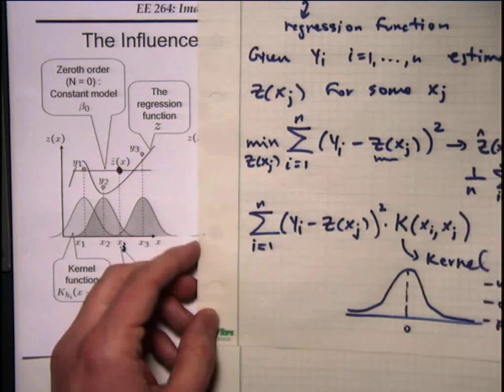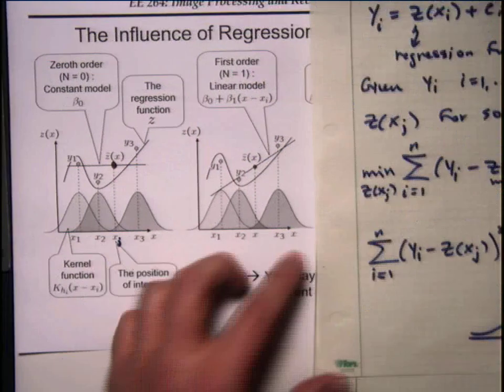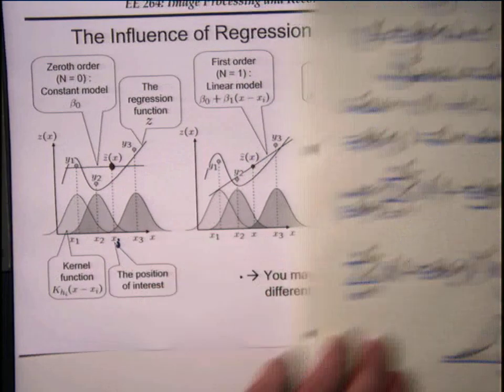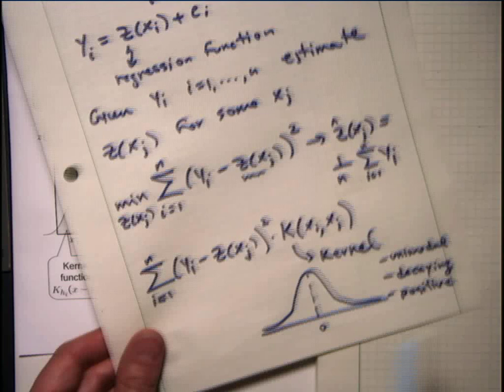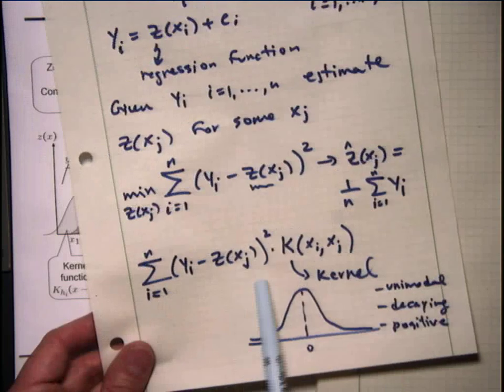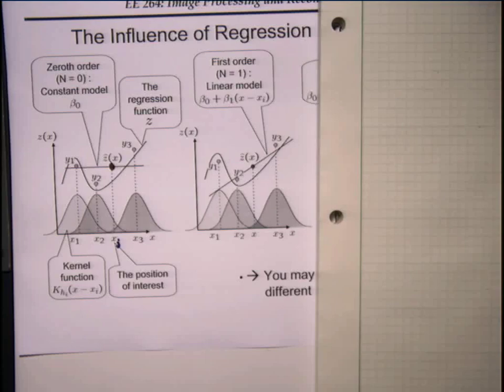Now, let's go to the linear model. So now what you're going to do is you're going to take this z of xj, and write it as a linear model, and fit the coefficients of that linear model, and then keep beta 0 hat.